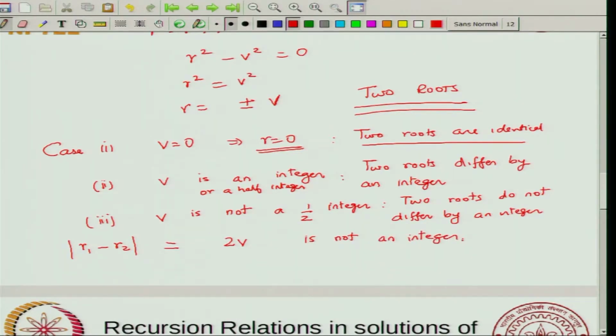In this case you have two linearly independent solutions corresponding to R1, which is v, and R2, which is minus v.